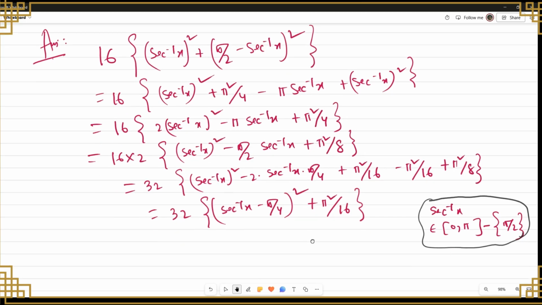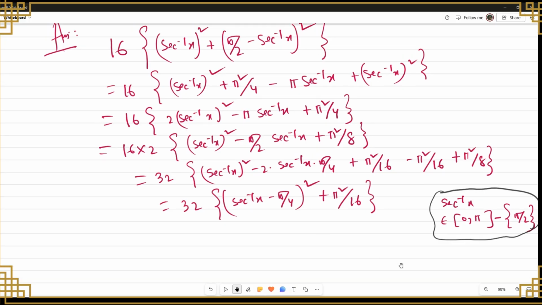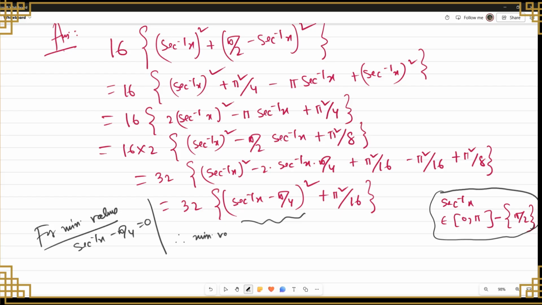Now we are going to think about the maximum and minimum value of this expression. For minimum value, sec inverse x, because it is always a positive quantity, this should be 0. So minimum value is 32, 2 pi square. Check once.